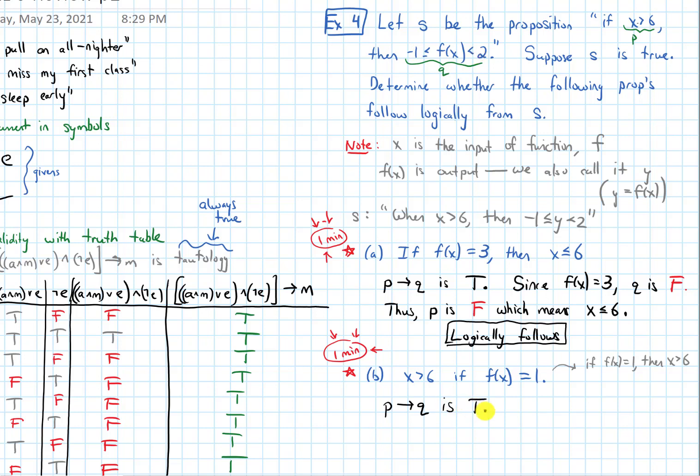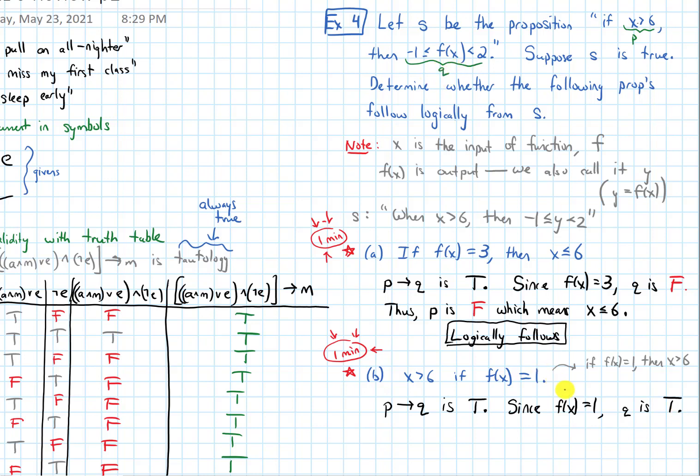Then I have to think about what we're given here, which is that f of x equals 1. So since f of x equals 1, what does that tell me about either P or Q? Well, it tells me Q is true. 1 is in the range of values that f of x can take on in the proposition Q.